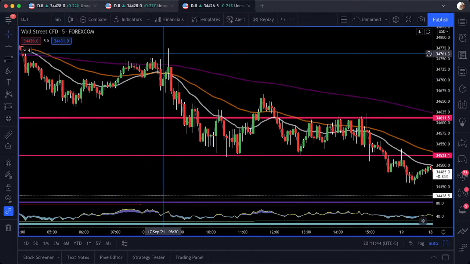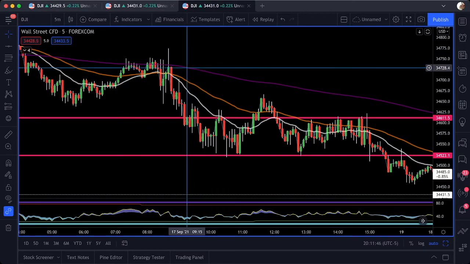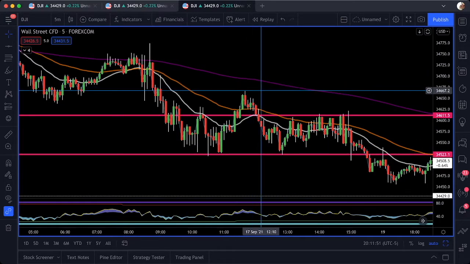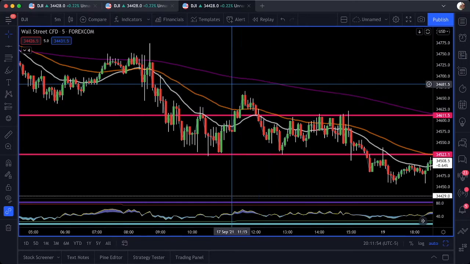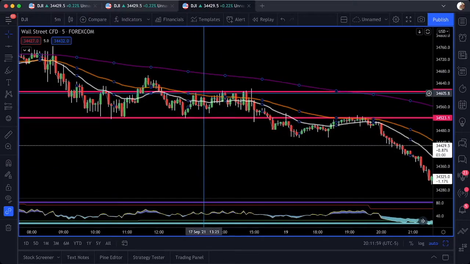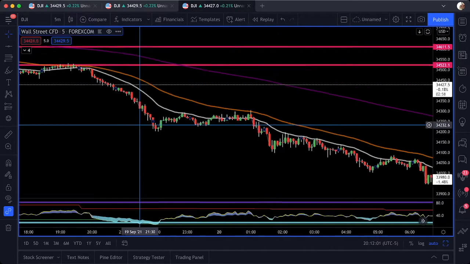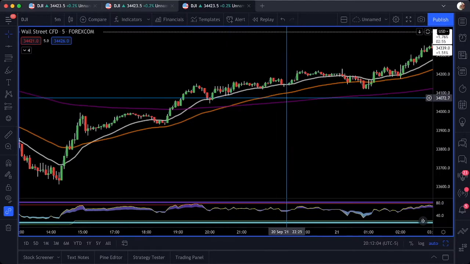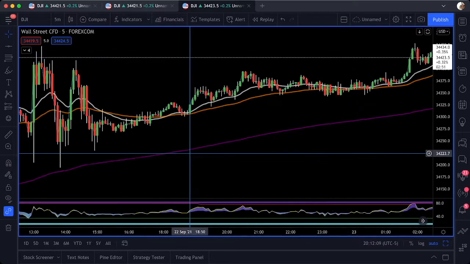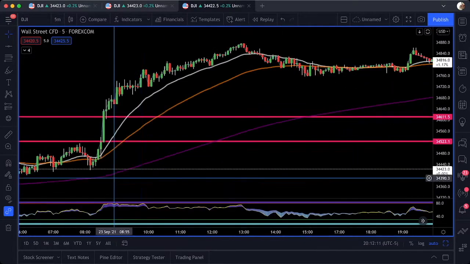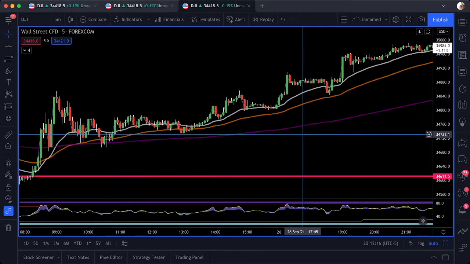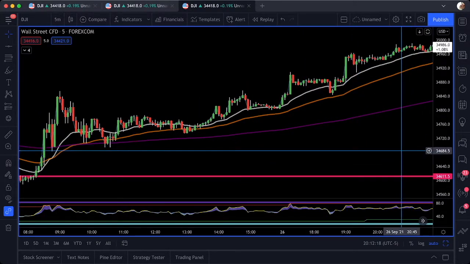So that's one of those, you look for it to close above the EMAs as well. And it's not always 100%, like right here. Although I'm pretty sure there was a resistance right there. But that's one of those. You try to avoid market open initially unless you have a solid sense of the direction.